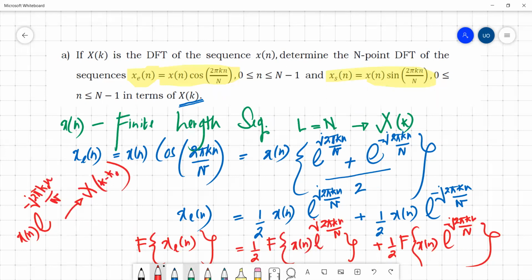So then you can simply replace this block with X, because the Fourier transform of x[n] is actually X[k].